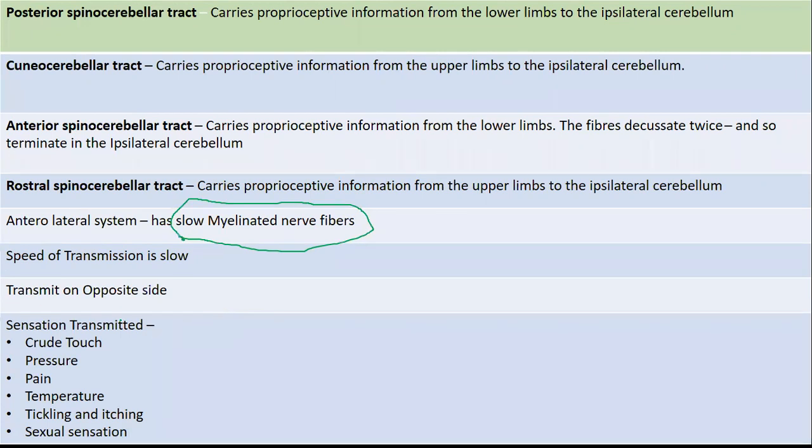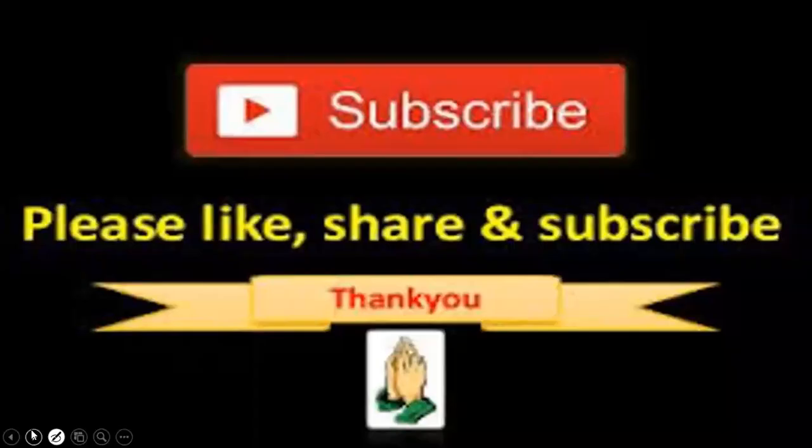It transmits to the opposite side, carrying crude touch, pressure and pain, whereas in our DCML it goes on the same side. So one MCQ can come from here. And the sensation transmitted is very, very important from the point of view of the examiner. So just read over this, and it is the only content which you need to learn in the ascending tracts of the spinal cord.